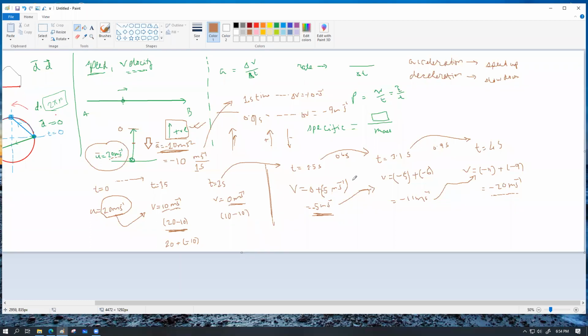But you also need to understand inherently what is happening to the object. That's why I went through all of this trouble. Many of you might not like this process, but I prefer to teach it this way for the very first time to build a good understanding of how acceleration actually affects velocity.